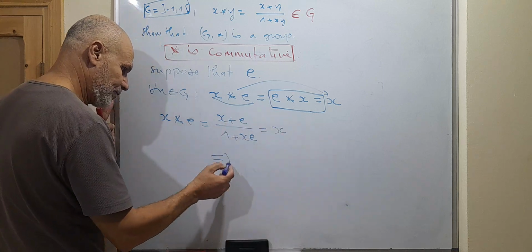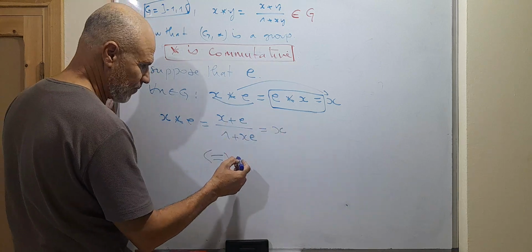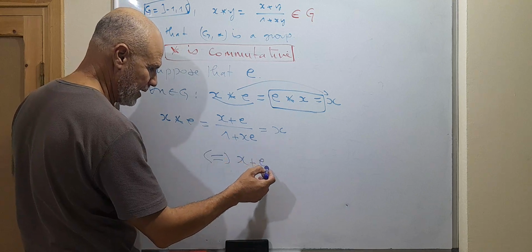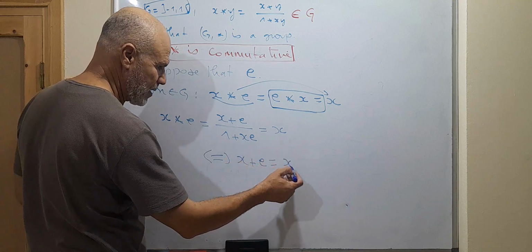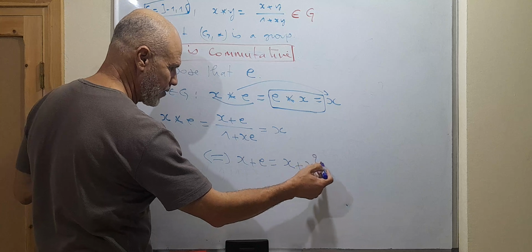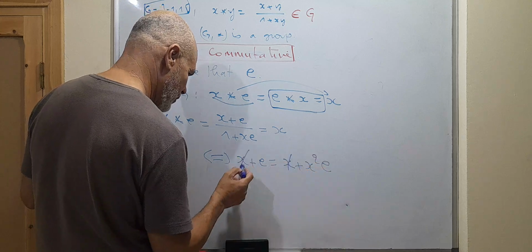Cross-multiplying, x + e equals x + x squared e. We cancel x with x.